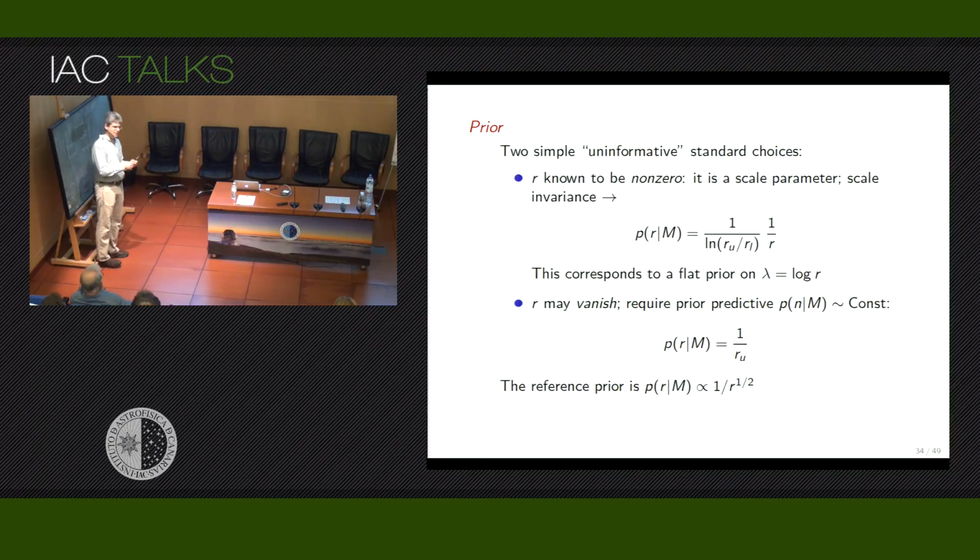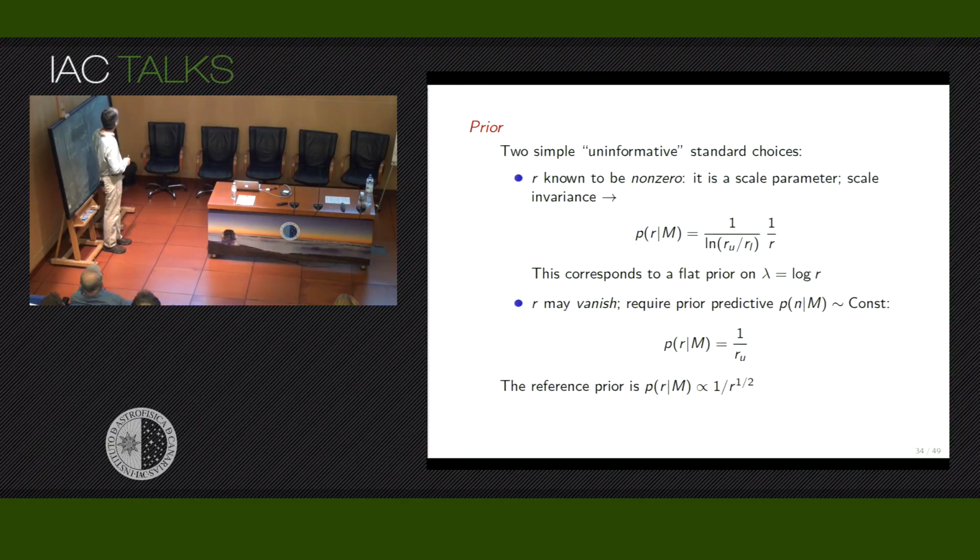If I measure time in minutes instead of seconds, but then express my rate per minute instead of per second, everything looks the same. If you want the prior to respect that invariance, then the prior should be flat in log r. So in terms of r, it's proportional to 1 over r. If you don't remember Jacobians and transformations, it's worth showing yourself that.